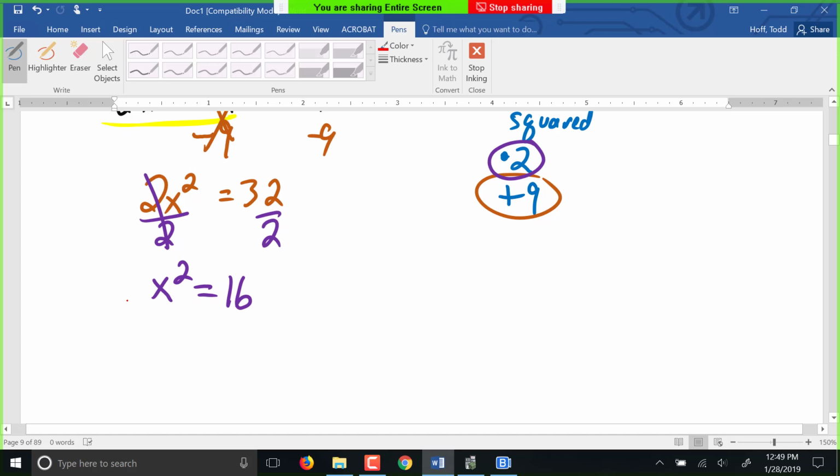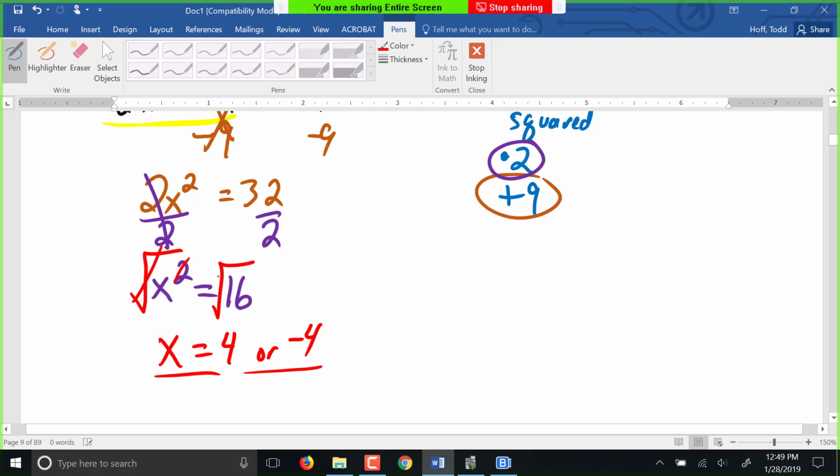How do we remove that? Perfect. Square root. The square and square root cancel out. We have x. The square root of 16 is 4 or negative 4. Negative 4 squared could also be 16.